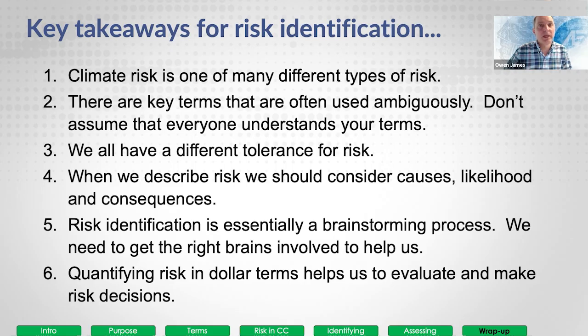So it's important that we can articulate climate risks in somewhat similar terms to other types of risks that an organization could be facing. There are key terms that are often used ambiguously, so don't assume that everyone understands your terms. Recognize that we all have a different tolerance for risk. When we describe risk, we should consider causes, likelihood, and consequences.